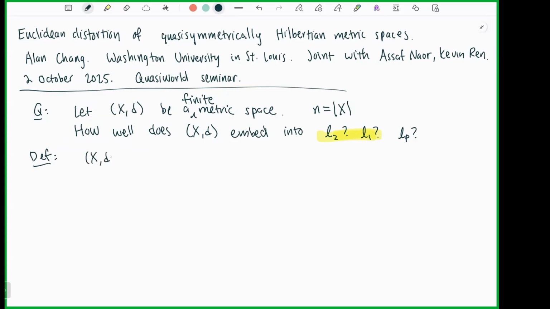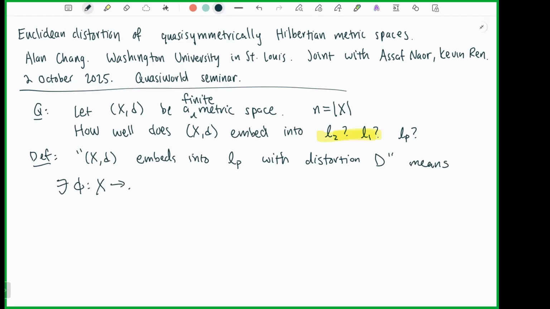We say (X, d) embeds into Lp, or this works for other metric spaces too, but let's just stick with Lp, with distortion D. This statement means that there exists a map phi from X into Lp which is bi-Lipschitz, and the ratio of the upper and the lower constants is D.